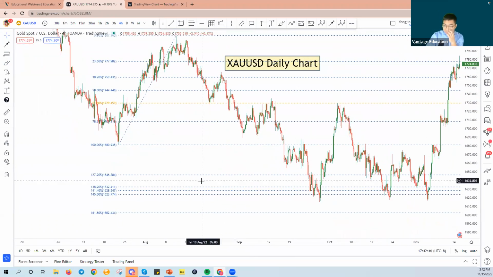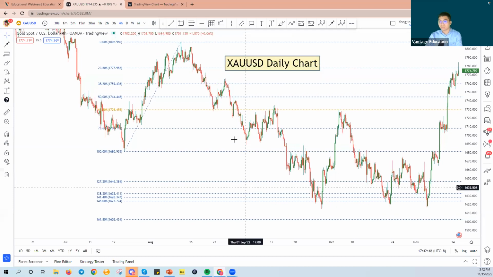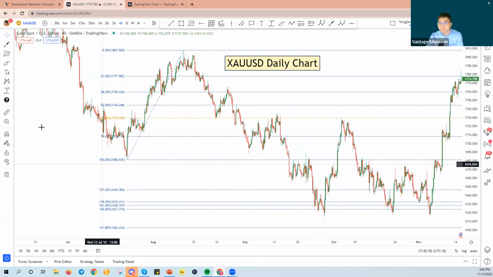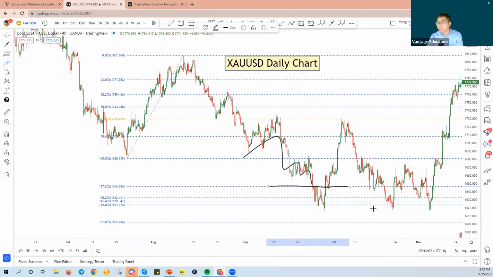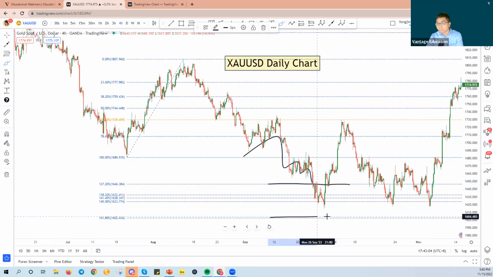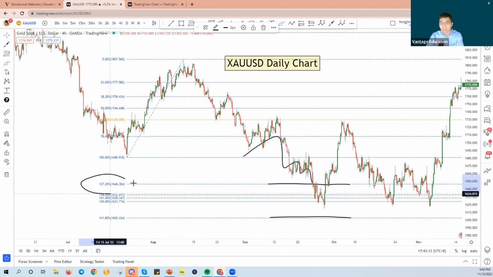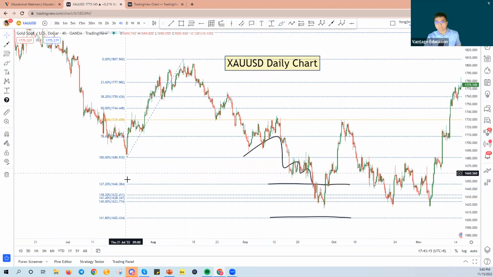If you noticed, price went all the way down, tapped into the 127.2%, price continued down. So if you're in a short, this would probably be everybody's first take profit. And your second take profit should be at the 161.8%, but in this case, price did not go all the way there. So that's the reason why it's very important to take partials.